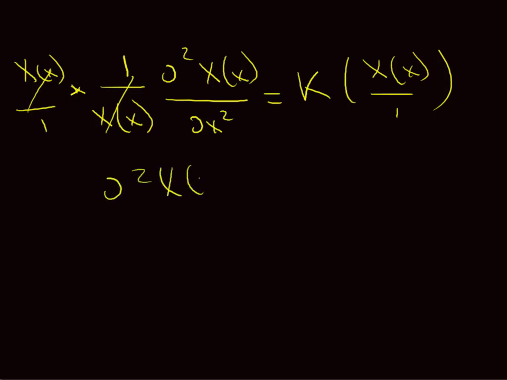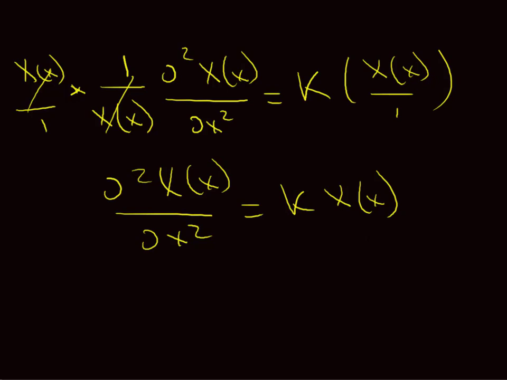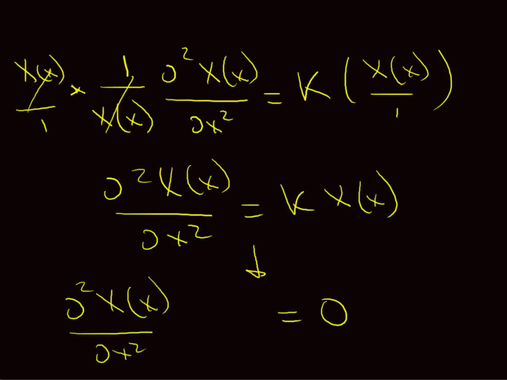Then we're left with the second partial derivative with respect to space equals k X of x. We will then move our constant with our function X of x to have it equal to 0, and now we'll have our second partial derivative with respect to space minus k X of x.